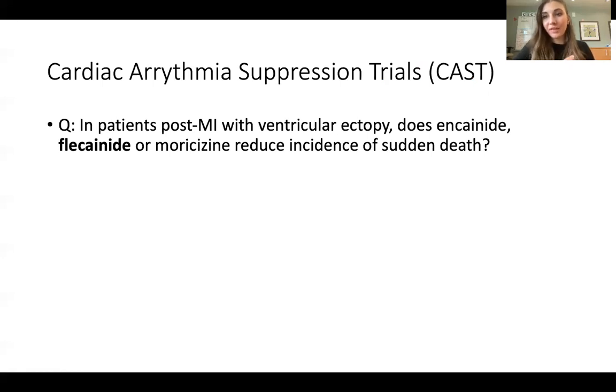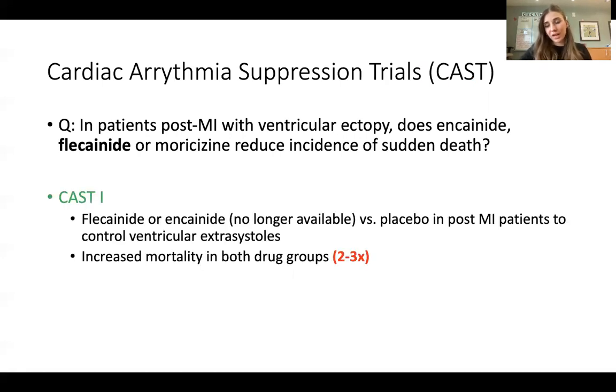It's not until clinical evidence comes out and we see what it does to patients that we get more clinical insight into how harmful or beneficial these drugs are. In the first CAST 1 trial, which looked at flecainide or encainide versus placebo, and encainide is no longer available, there was significantly increased mortality in both groups using the class 1C agents, about 2 to 3 times.